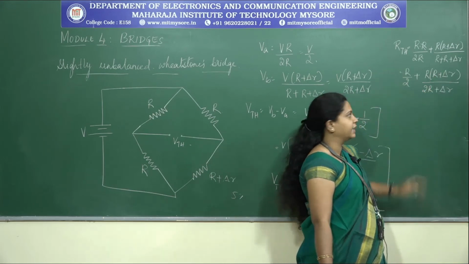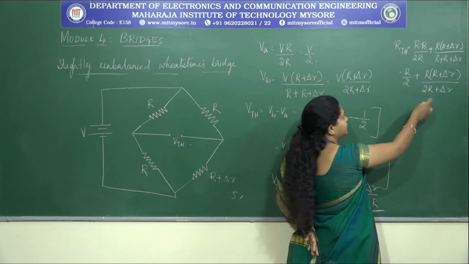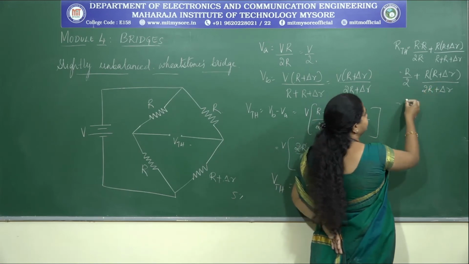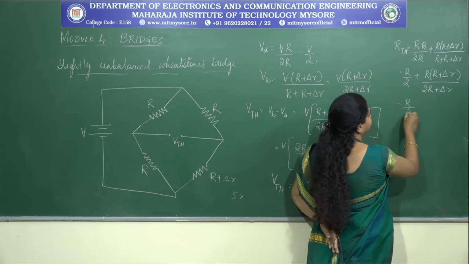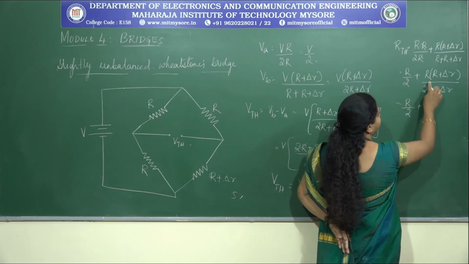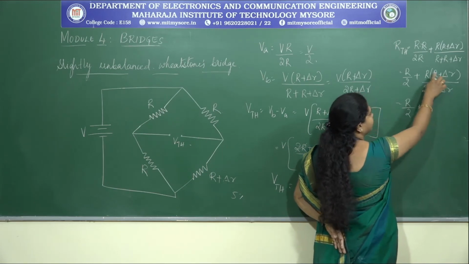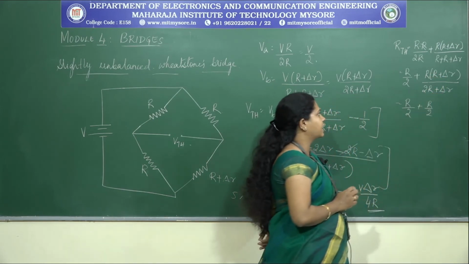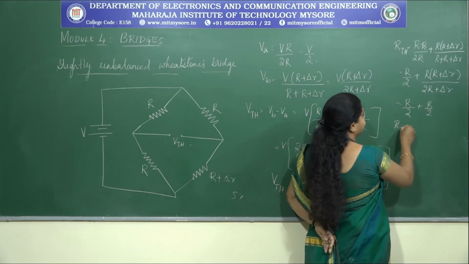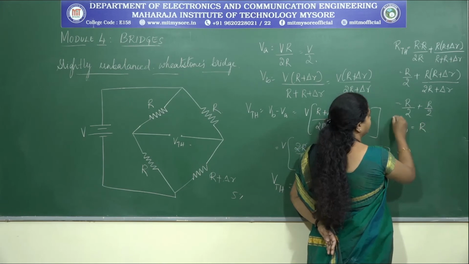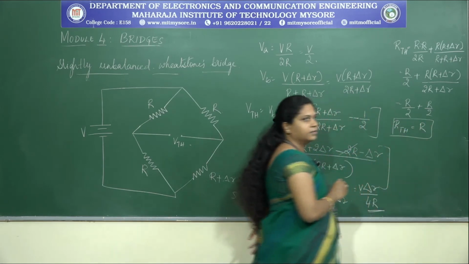This delta R will be neglected. So in both the numerator as well as the denominator, you can neglect this delta R. So you will get R by 2 plus R into R divided by 2R, which is R by 2. R and R will get cancelled, so the remaining is R by 2. So the R Thevenin's equivalent will be equal to the resistance R.